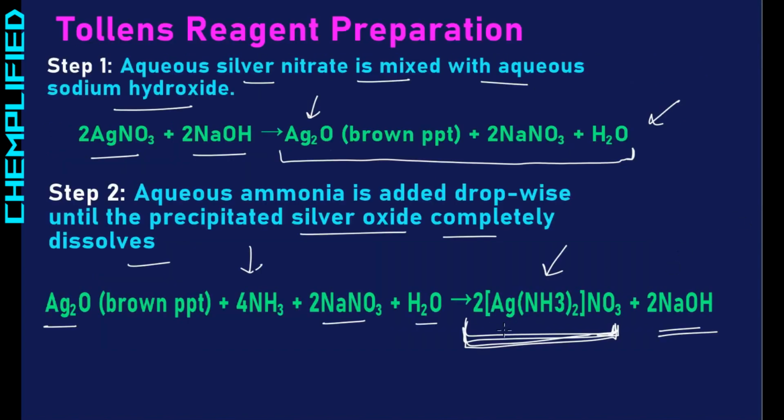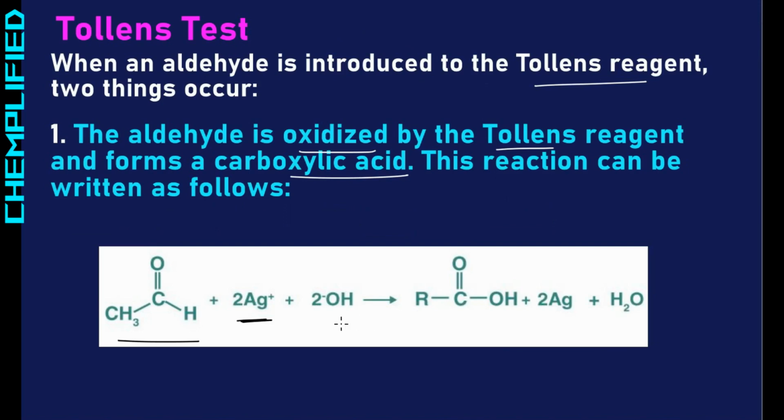We are getting it from this, this is your 2Ag, which gives 2Ag plus, and this is from NaOH. This oxidizes aldehyde to carboxylic acid and produces 2Ag, which is in solid state. Remember this thing, solid state.